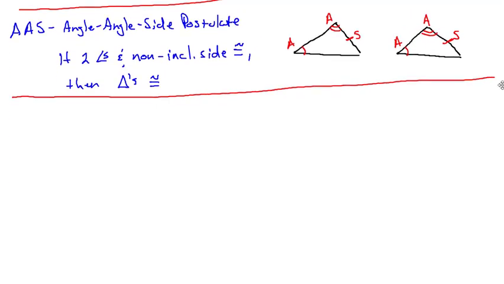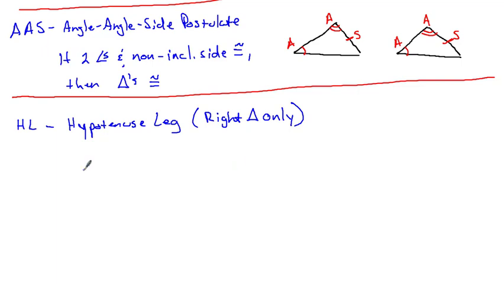All right, the last one is different. This one is HL. That stands for hypotenuse leg. So if you probably guessed, hypotenuse means this is for right triangles only.